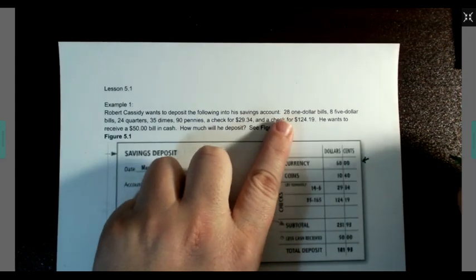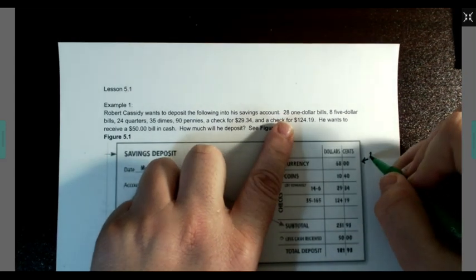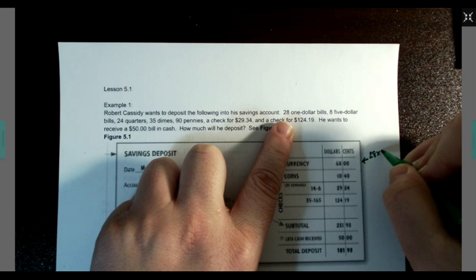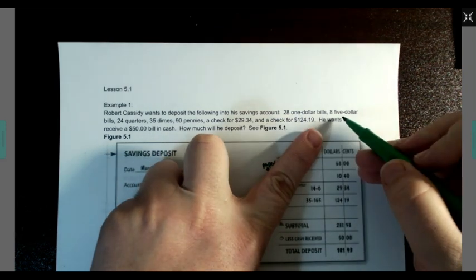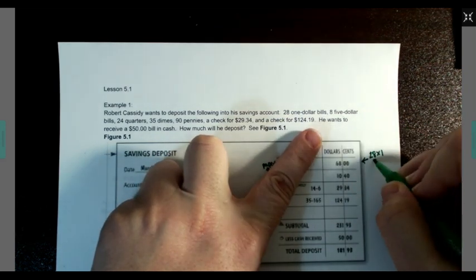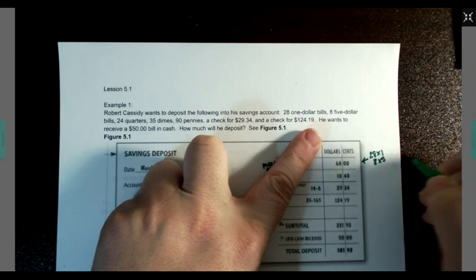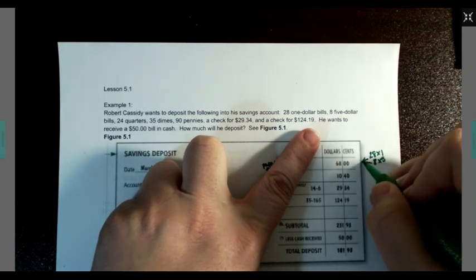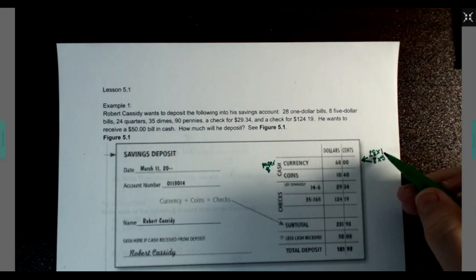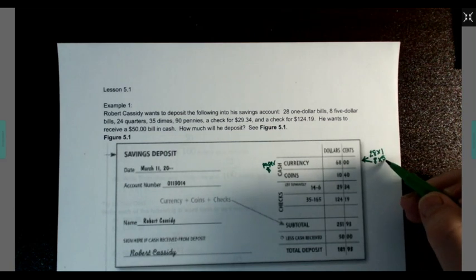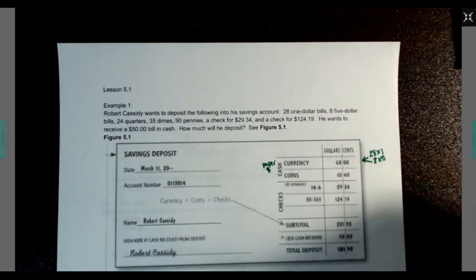So to find the 28 $1 bills, we would do 28 times 1. The 8 $5 bills, we would do 8 times 5. This gives me 28. This gives me 40. So together that is $68.